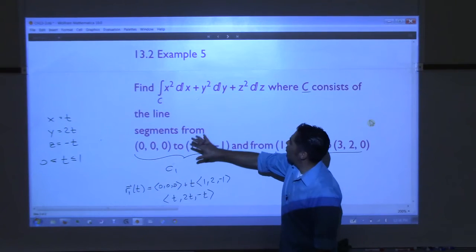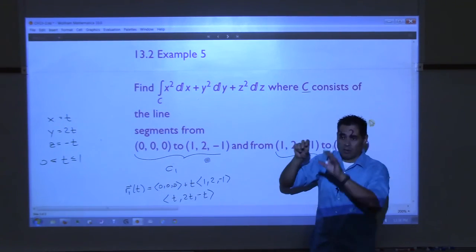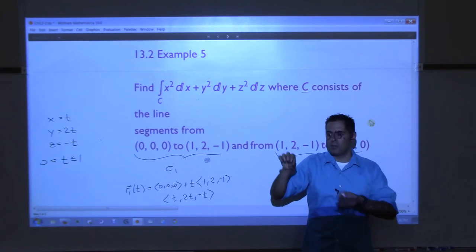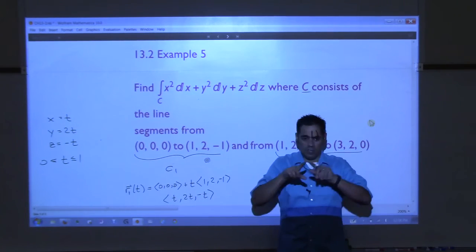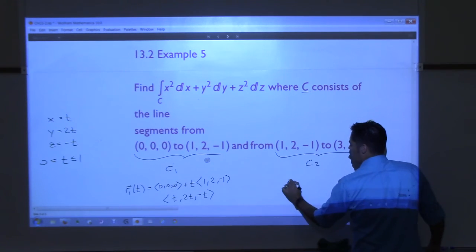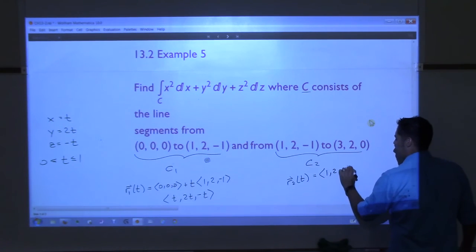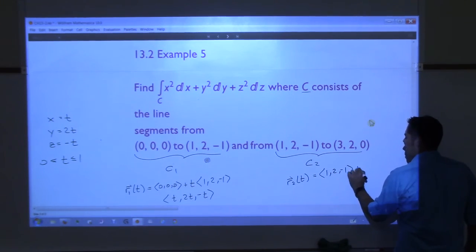Okay? So if we're doing this, we're going to have to split this into 3 separate integrals, right? And then each of those integrals has to be split along C1 and C2. For C2, I do another line. I'm going to start this time at 1, 2, -1, and I'm going to go to the other one.